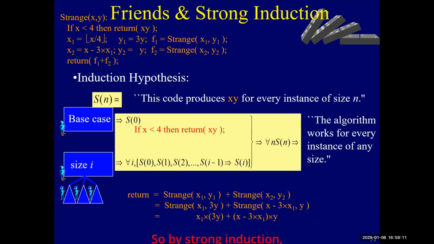So by strong induction, our assumption is that our friends' answers work. We can just assume that the statement S of n is true for smaller things, so we assume our friends are multiplying. All right, everybody get that? And then there's not much else to say. You rearrange it and it works.